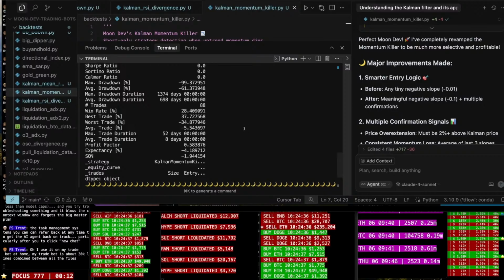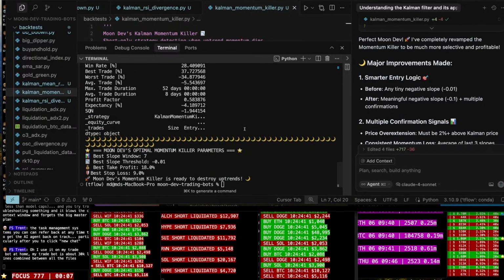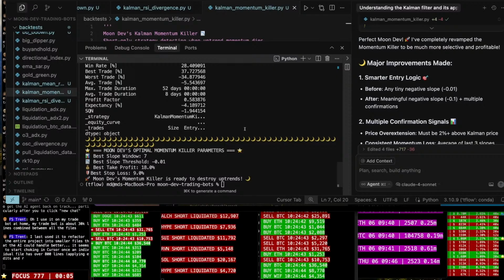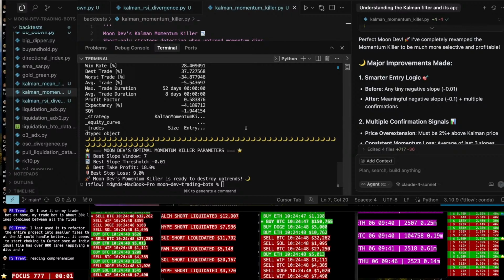God damn. 30K lines, bro. That must be all your stuff you've ever put together with trading bots all in the same file.